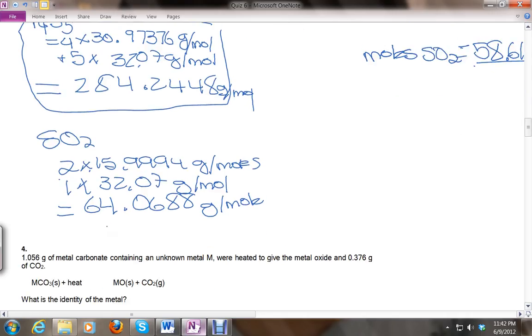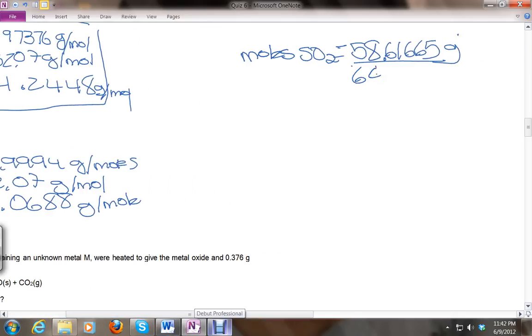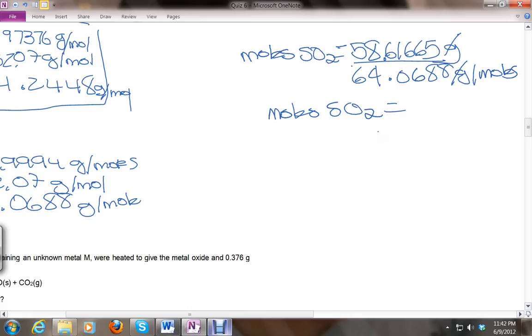It's going to be 1 sulfur, 32.07, plus twice the 15.994, which gives me 64.0688 grams per mole. So the moles of SO2 is going to be equal to 58.61665 divided by 64.0688, equals 0.9149 moles. And now what do we have to do?